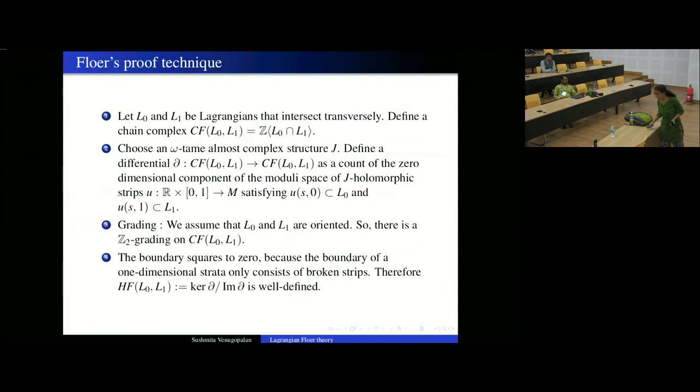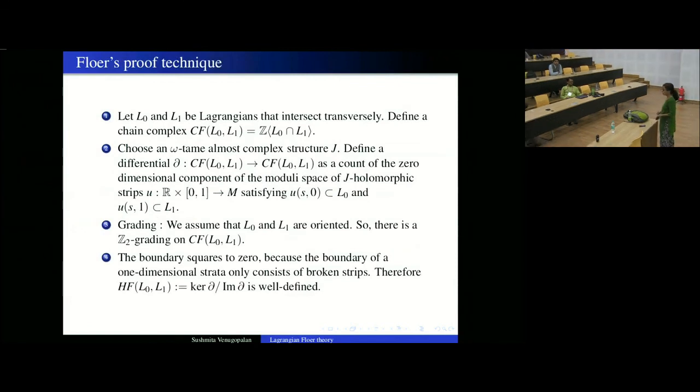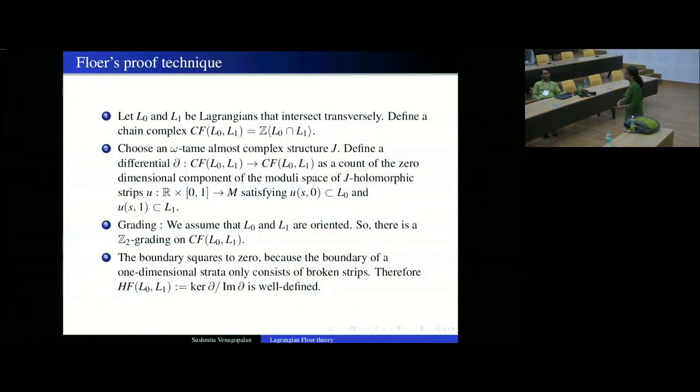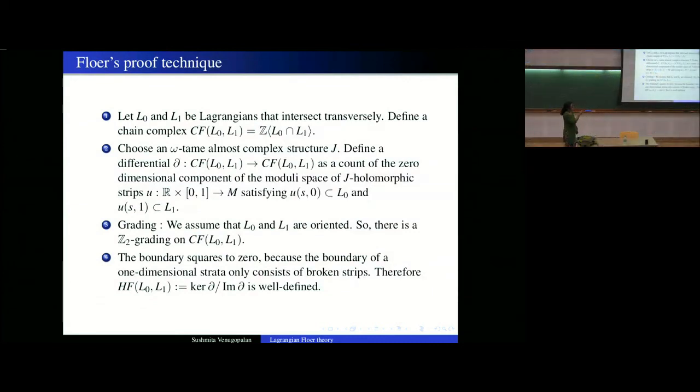Okay, so I very briefly go over the proof of Floer's theorem, and this is very similar to the proof in Hamiltonian Floer theory, which we saw today morning. And the idea is as follows. You define a Morse complex generated by the intersection points, and you define the differentials by count of pseudo-holomorphic disks.